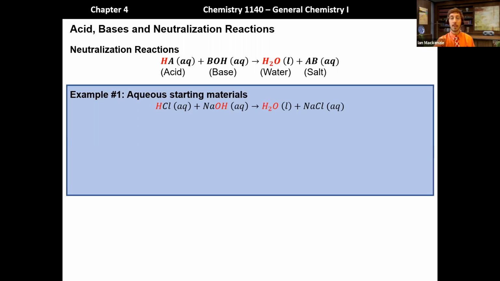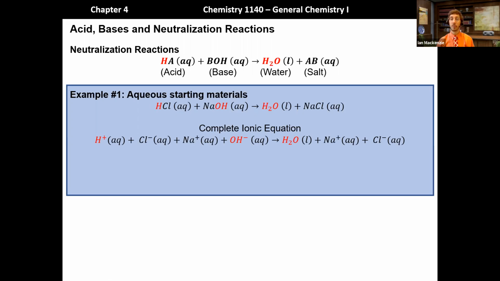To write the complete ionic equation, remember we break up anything that is listed as aqueous. If it's not listed as aqueous, we don't break it up into its ions, but if it is, we break it up into its ions. So HCl becomes H+ aqueous plus Cl- aqueous.